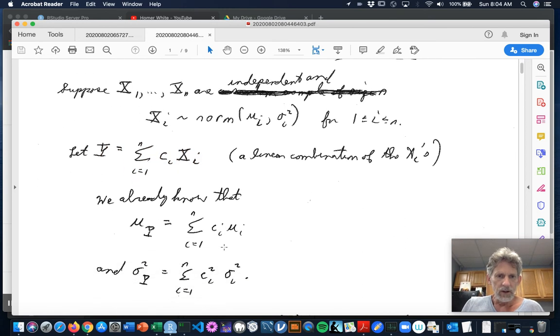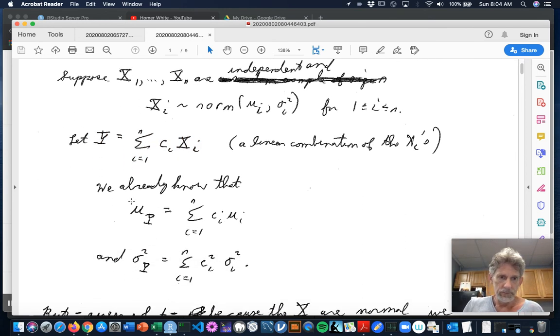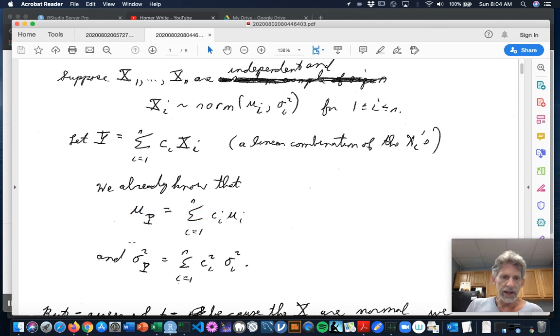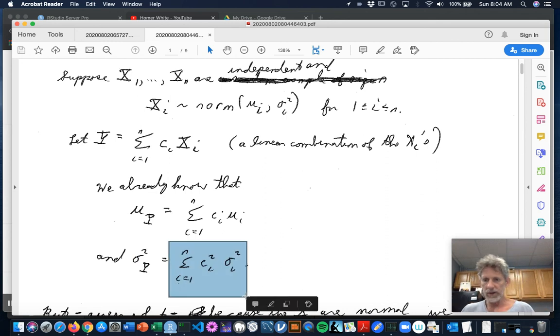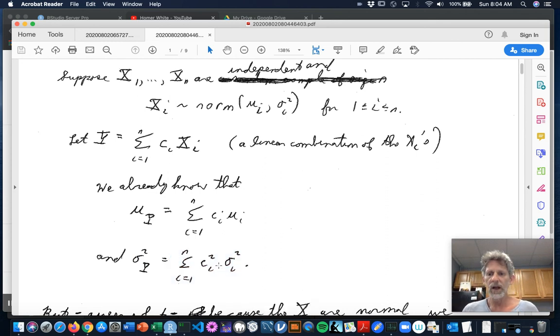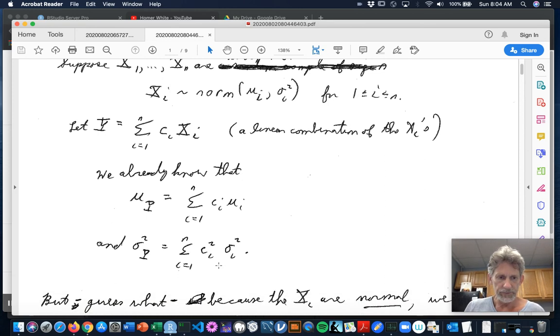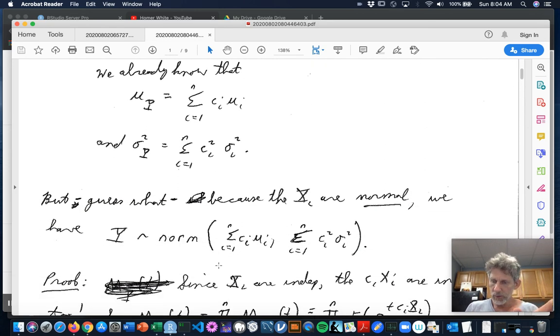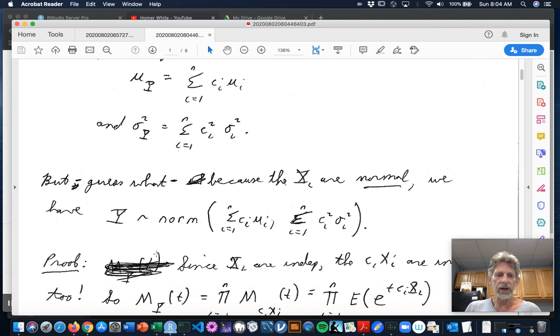We already know that the mean of a linear combination is the linear combination of the means, and the variance is the sum of the squares of the constants times the variances of the individual Xi's. But because the Xi's are normal, we're working with this extra assumption, it turns out that the linear combination is normal with that mean and that variance.